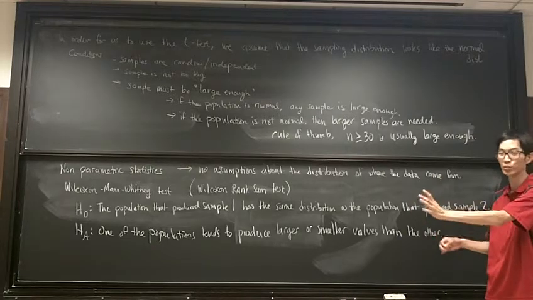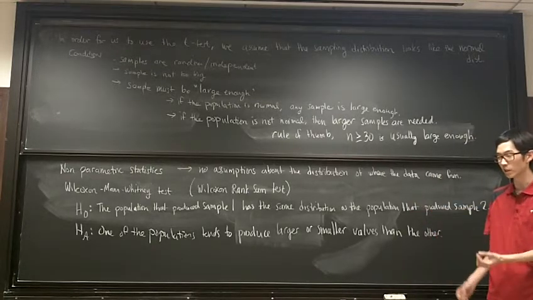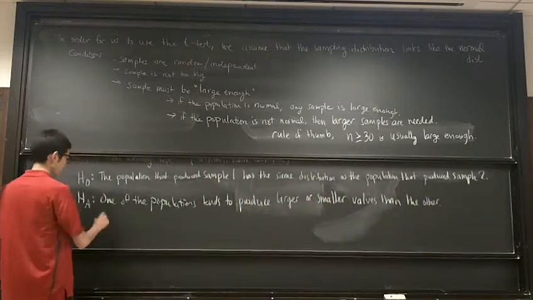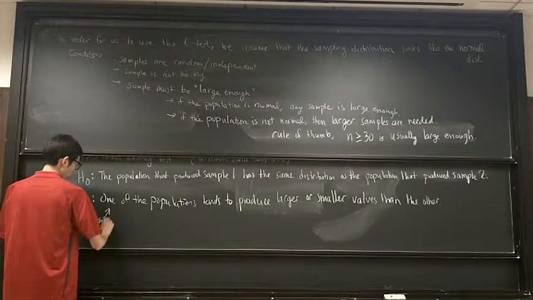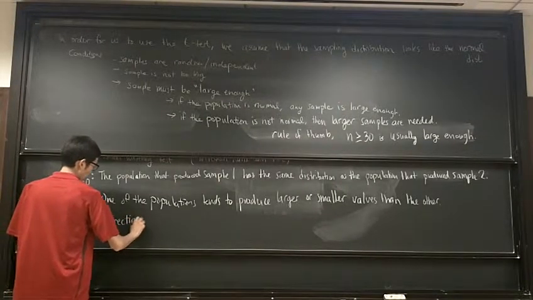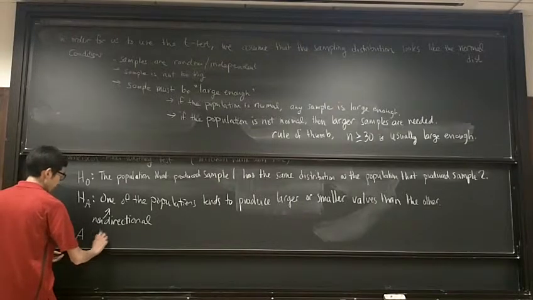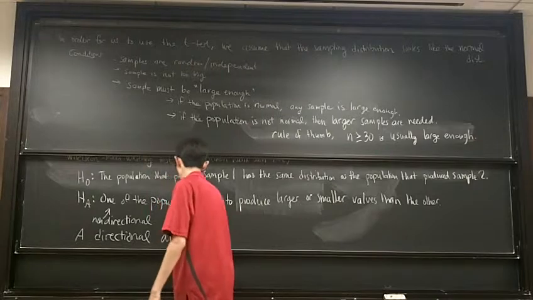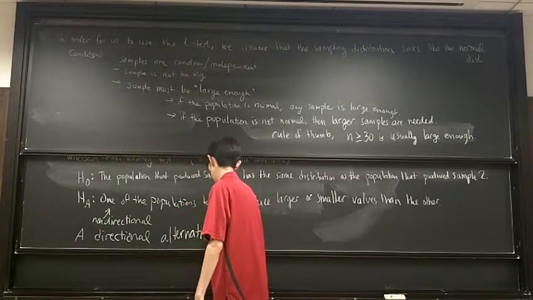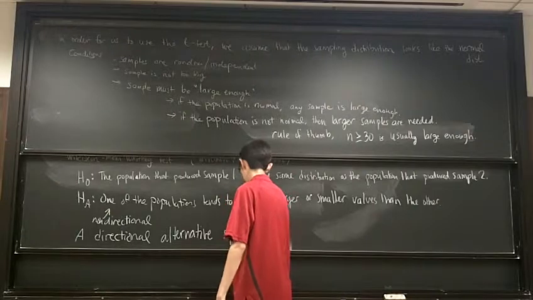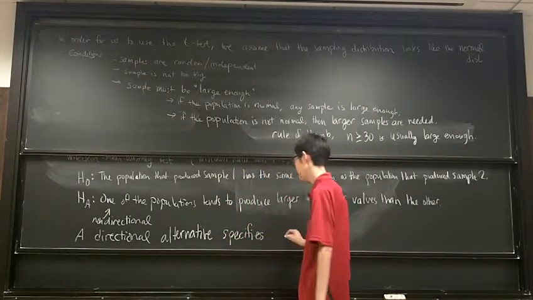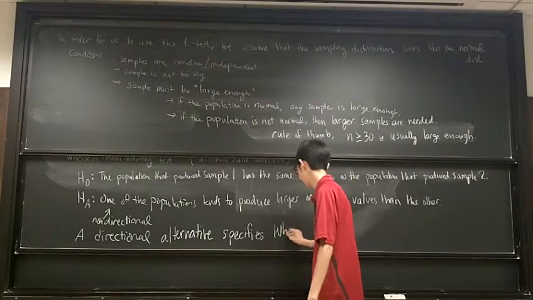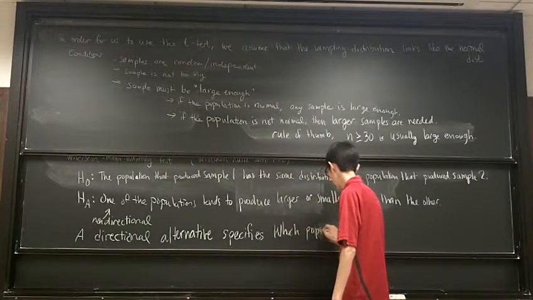We have to specify which one we suspect produces larger values than the other. Okay, so this will be non-directional. And then the directional alternative specifies which population.